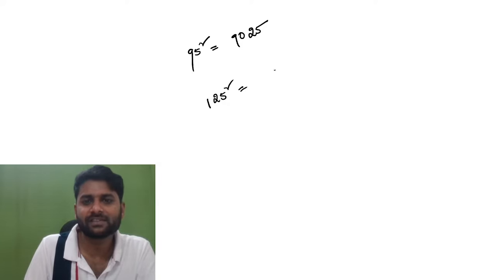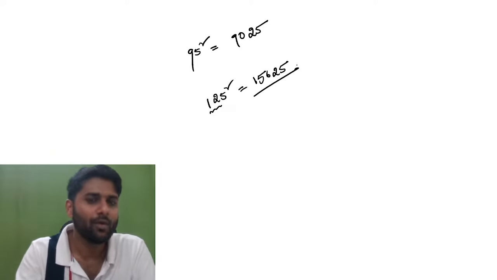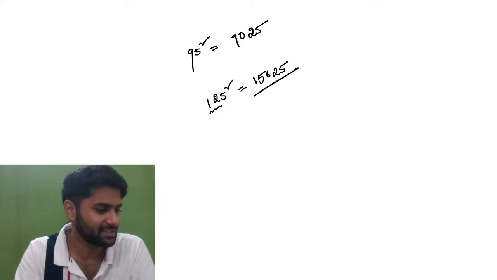Yes, 125 square. 5 square gives last two digits 25, then consider 12. What is the next number after 12? 13. 12 into 13 is 156. So 15625 is the correct answer.